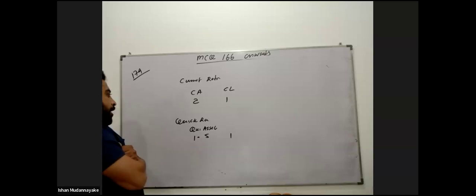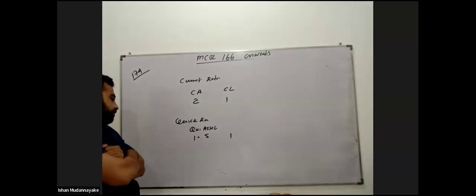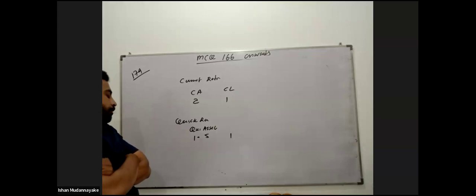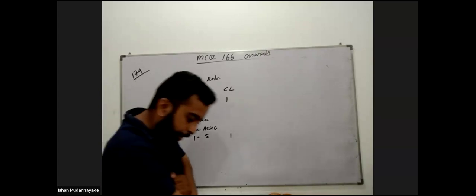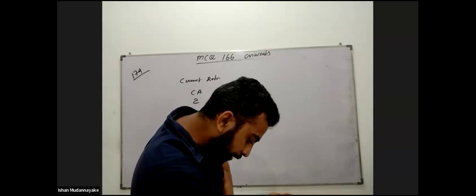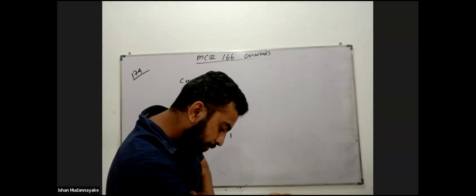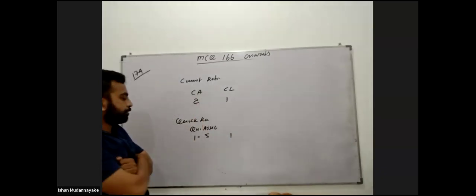Now my current ratio is 2:1, and quick assets are 1.5 times current liability 1. After recording that 50 invoice, what will happen to the current ratio?